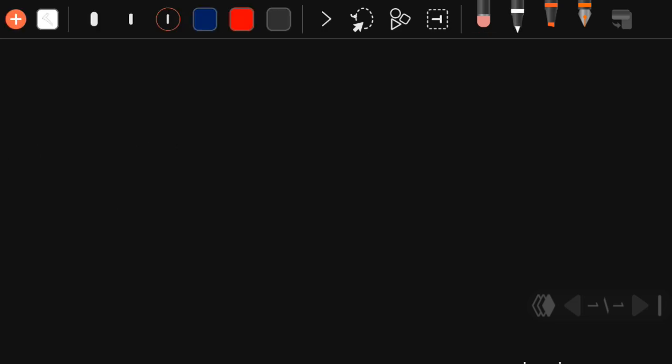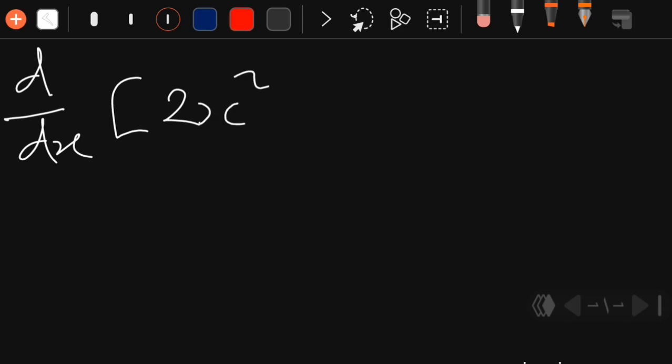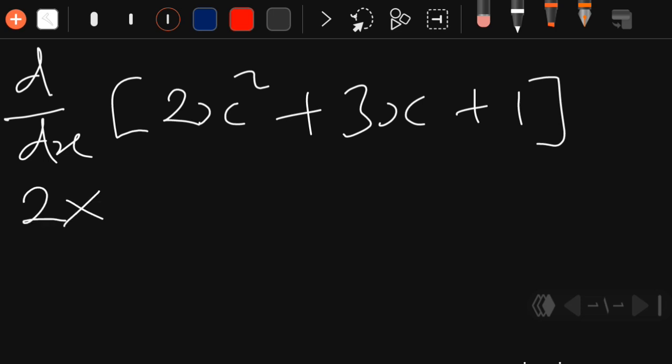How about the differentiation of d/dx of 2x squared plus 3x plus 1? How is it going to be? Well, just the same. 2x squared, drop the power and multiply it with the coefficient of x, which will be 2 times 2x, then 2 minus 1, plus 3x.